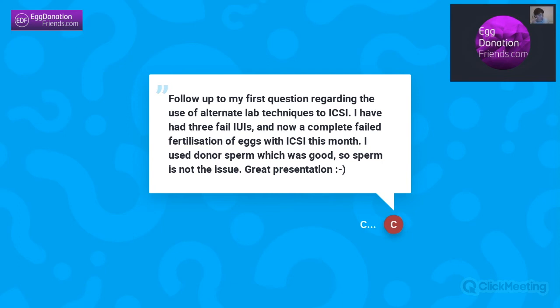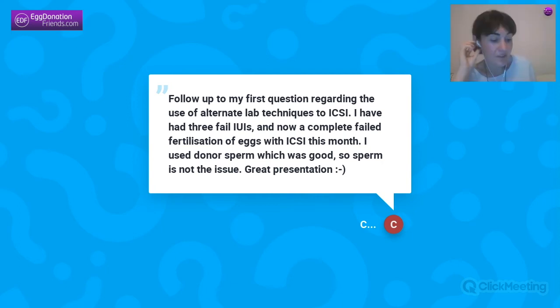Well, actually, yeah, it could be a failure of egg activation, and this is not always due to the sperm, so it could be due to the eggs. So calcium ionophore could be an alternative. It can also be due to bad egg quality.